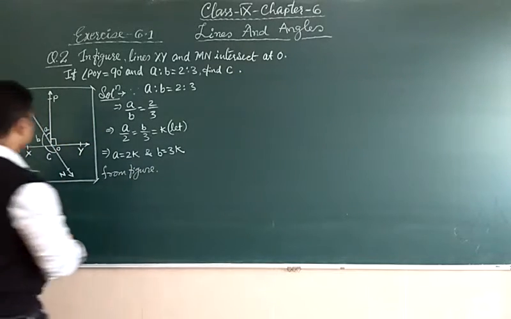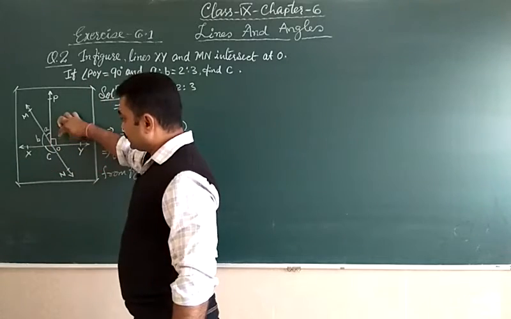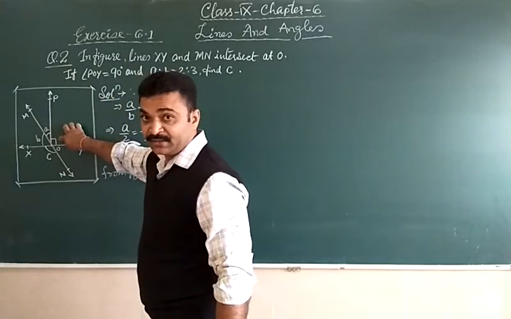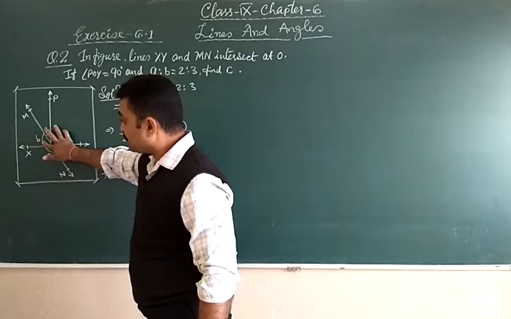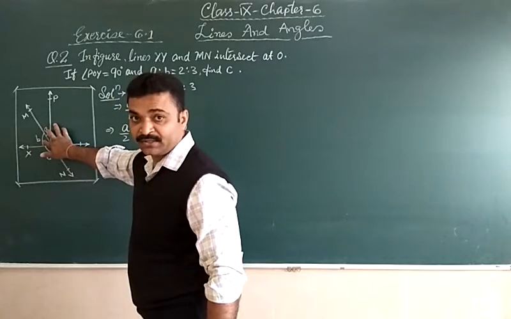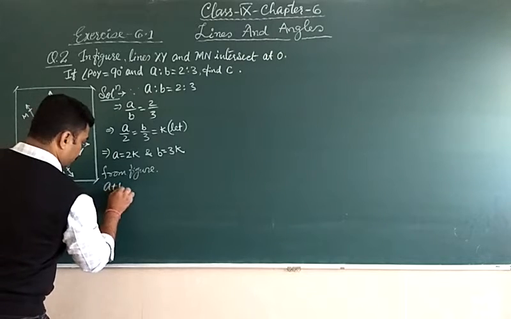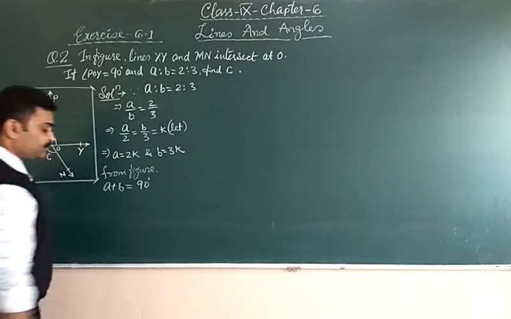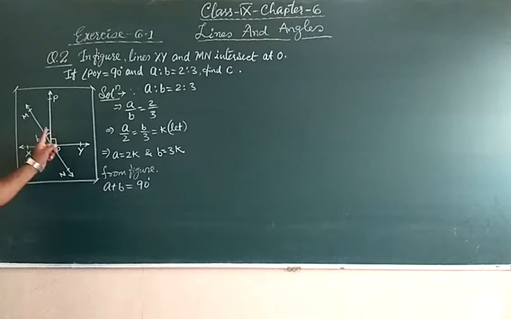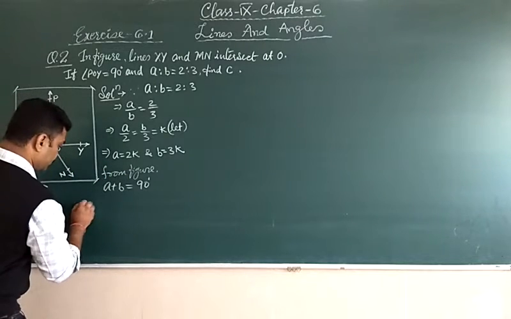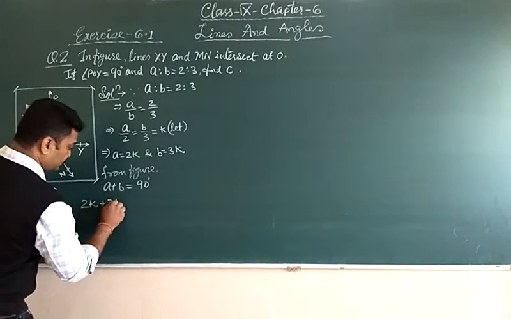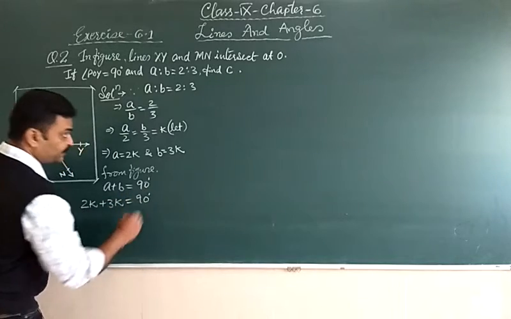Now, from figure, see here, this angle is 90 degree. That means the sum of these two angles will also be 90 degree. Okay, that means A plus B is equal to 90 degree. From figure, A plus B is equal to 90 degree. A is equal to 2K plus 3K is equal to 90 degree.